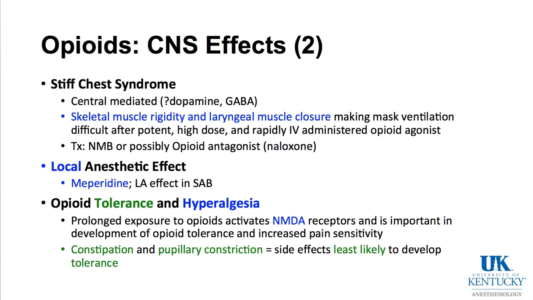There are some CNS effects listed here, including stiff chest syndrome. Well, why is that a CNS effect? Because potent opioids administered rapidly can cause central-mediated, probably dopamine-affected or GABA receptor problems that result in skeletal muscle rigidity and laryngeal muscle closure, such that if you are inducing a patient with high-dose potent opioids and give a rapid bolus, it can make mask ventilation difficult if they have this muscular rigidity in their chest and their laryngeal muscles close.